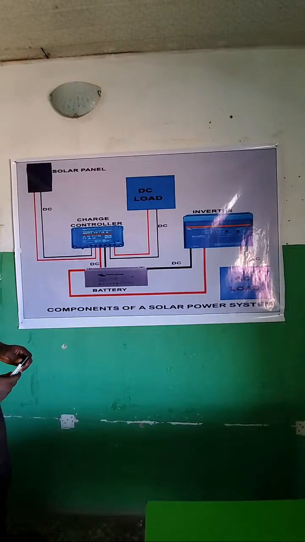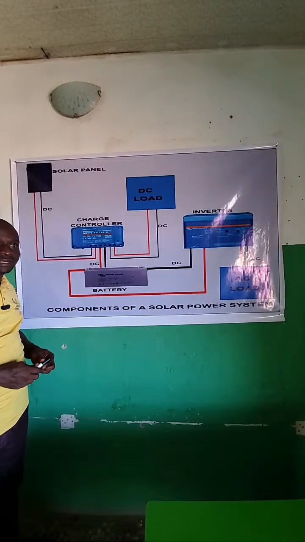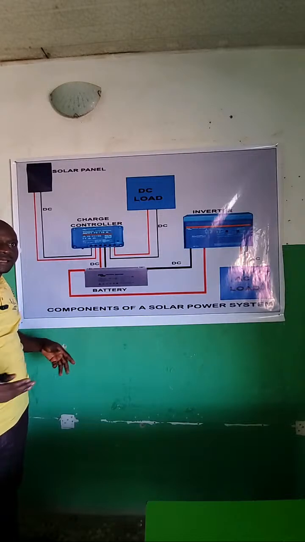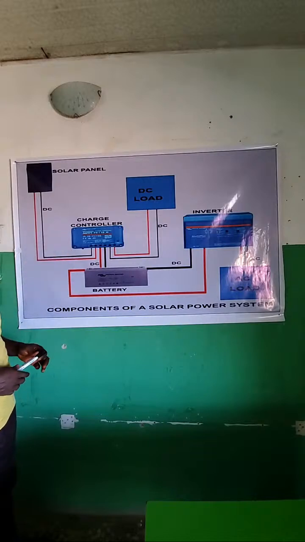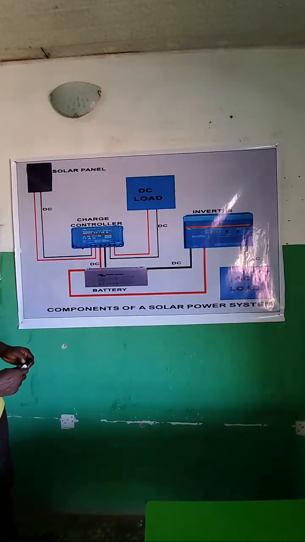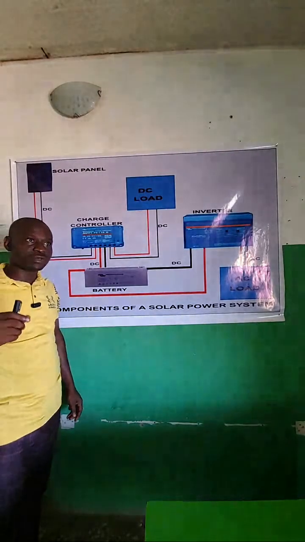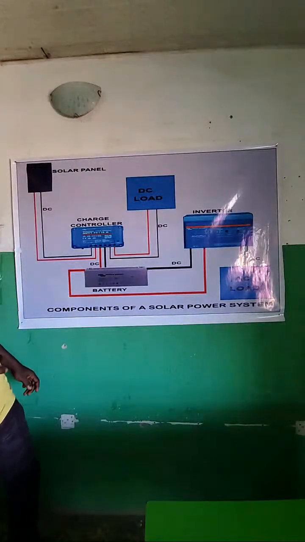But PWM controllers are always designed for 12 volt, 24, 48 volt systems. So they don't have the capability or capacity to accept a high PV input range. But the MPPT charge controller has the capability to accept a high voltage from the solar panels. But you also need to always look at the specifications of the charge controller. It is always written on the specification sheet of the charge controller.